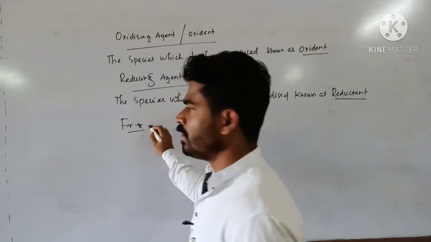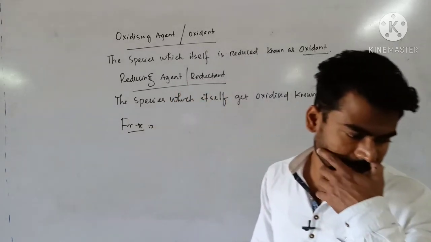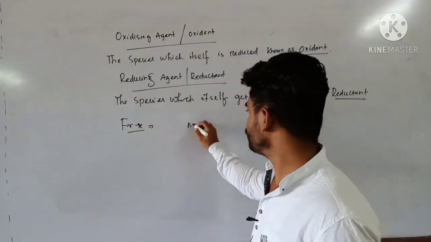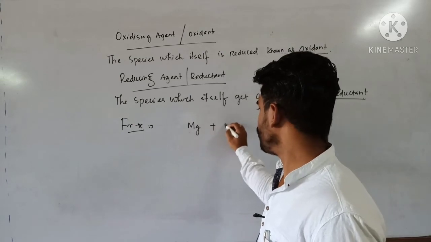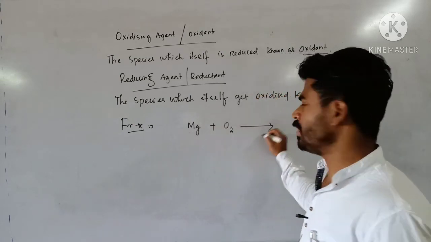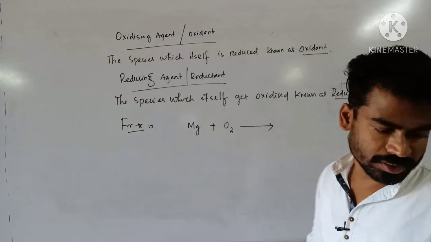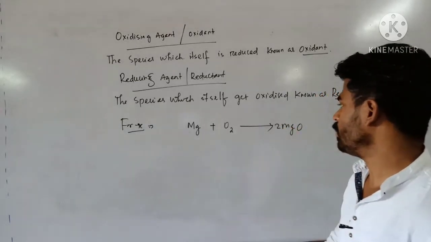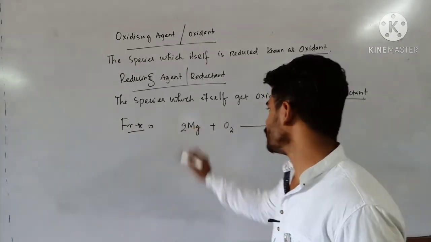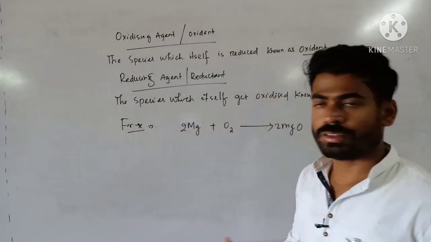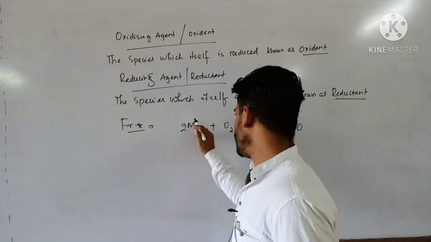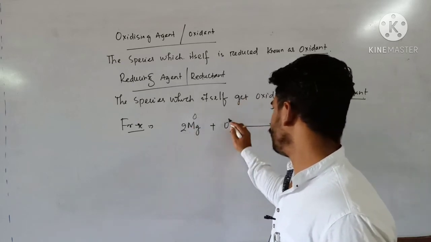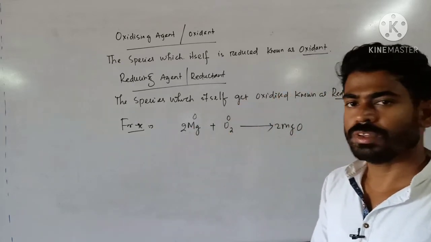For example, if I consider one example, let's say Mg plus O2, the oxidation of magnesium, that will be MgO. You can write over here 2Mg plus O2 giving 2MgO. So identify the oxidation number of each. This one is a free element, 0, oxygen free, 0. Clear?